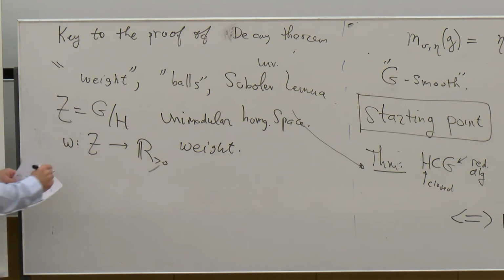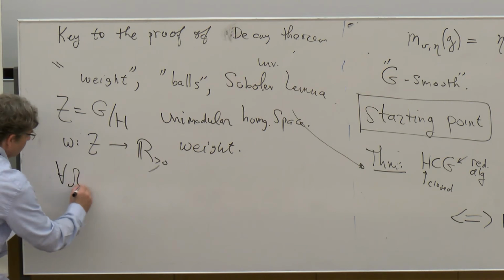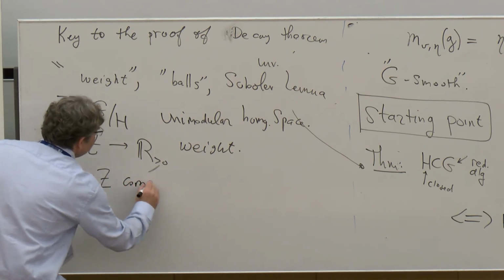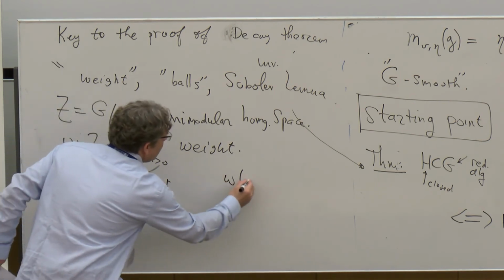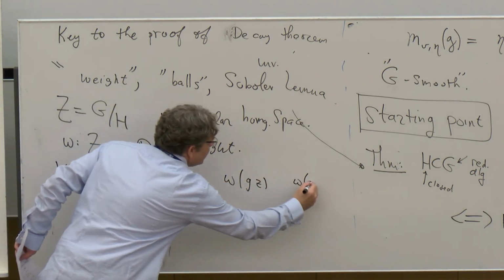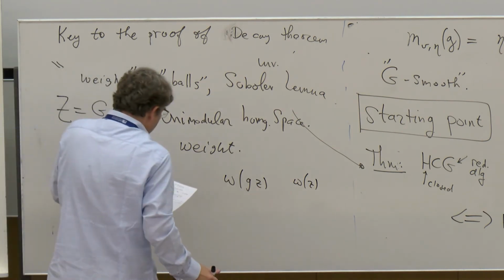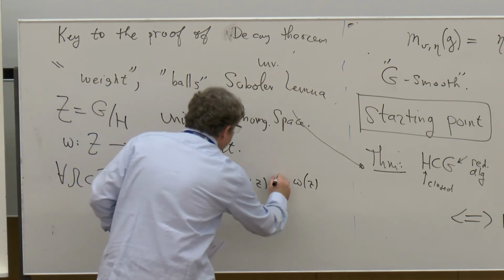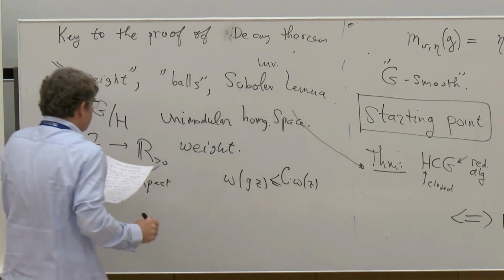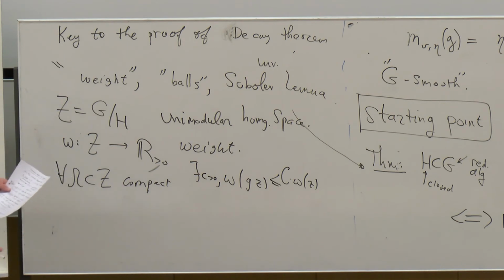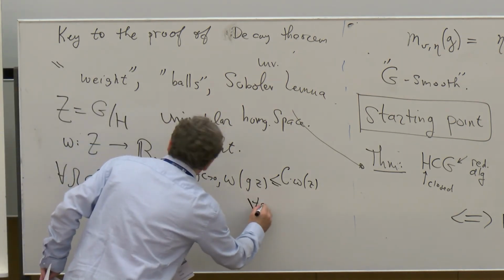Namely, I'll just say the second thing, not the locally bounded. For every compact subset, if you compare omega of gz and omega of z on that subset, the comparison is in our favor. You don't ask for continuity here, so you need to ask something. So you want some comparison of this form, which holds at least on this compact set.